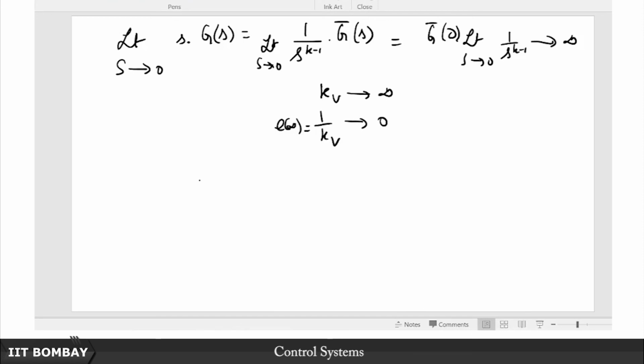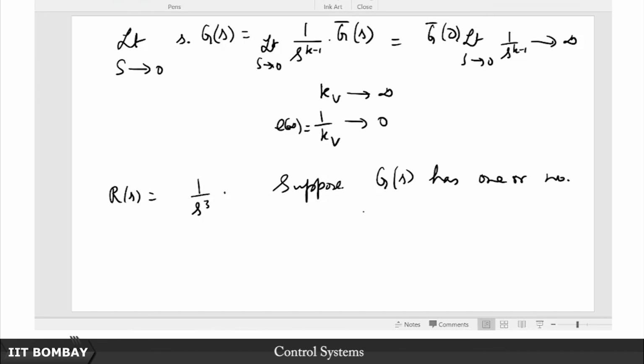By the same token, now if you check for the parabola, let us say your R of S is now 1 by S cubed, and suppose G of S has one or no pole at origin. Then what do you know about the steady state error?